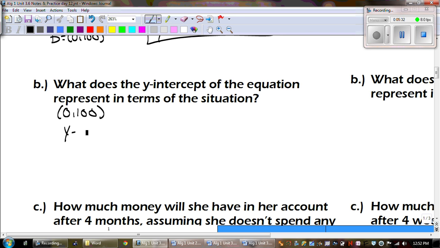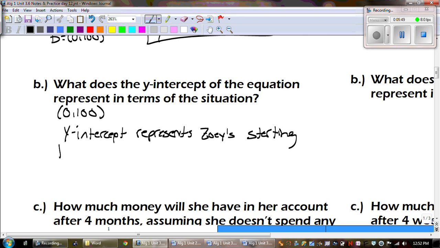Well, we would say that the y-intercept represents Zoe's starting balance. And what was it? Yeah, it was $100. So her starting balance of $100.